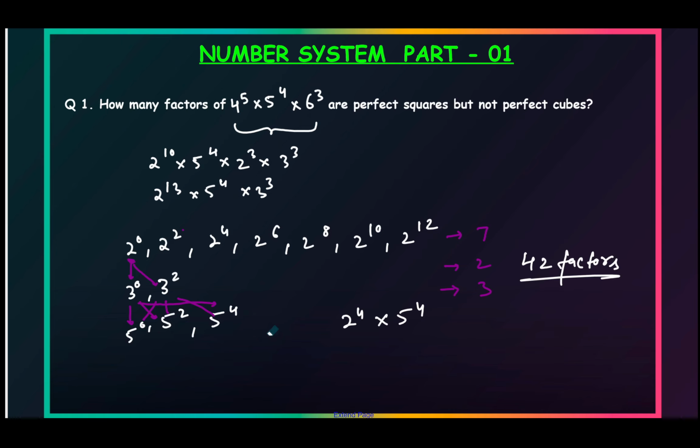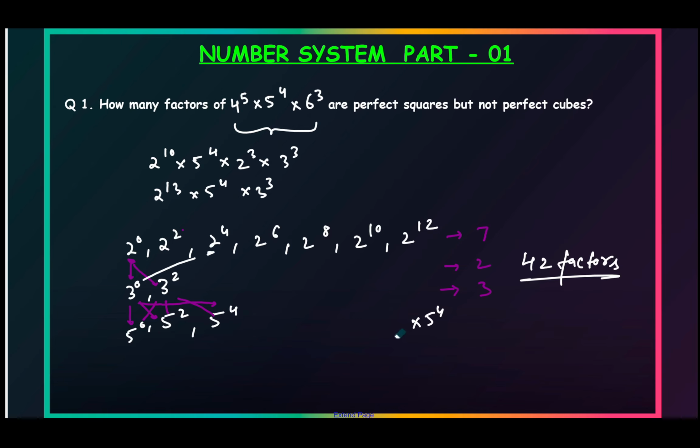Actually, we did consider it, in the combination where we have taken 2 to the power 4, then 3 to the power 0, then 5 to the power 4. So this is the combination. Now 3 to the power 0 means 1, so it basically means nothing, as 1 multiplied by a number gives the number itself.